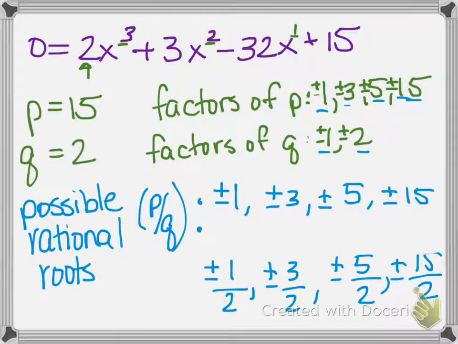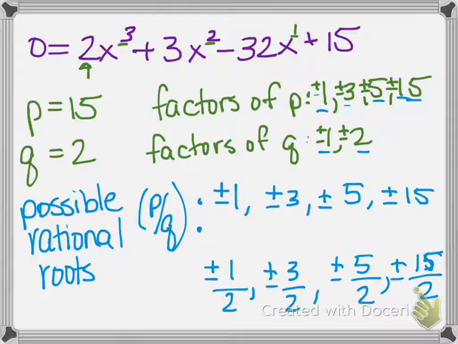Then down here on the bottom, the 1/2, the 3/2, 5/2, and 15/2, we have to keep all of those because there's no other terms that are like that. So there are 8 possible rational roots for this equation that could possibly solve this polynomial.